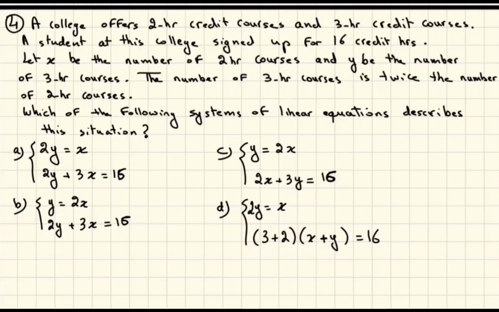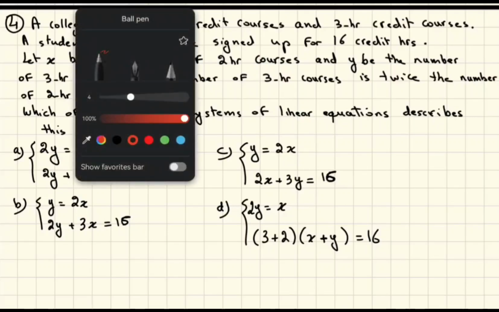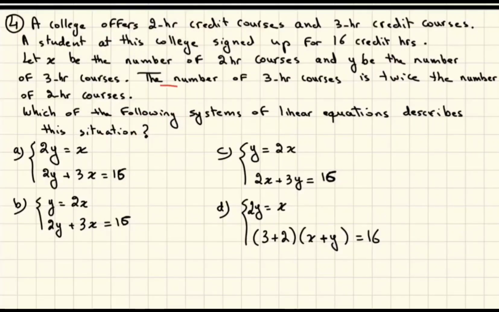The number of 3-hour courses is twice the number of 2-hour courses. Now, when I'm reading this, I noticed that the number of 3-hour credit courses is twice. Twice means double. So instead of saying twice, they might tell you double the number of 2-hour courses.